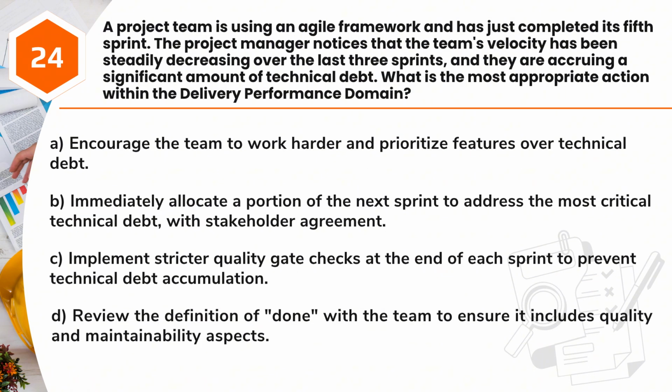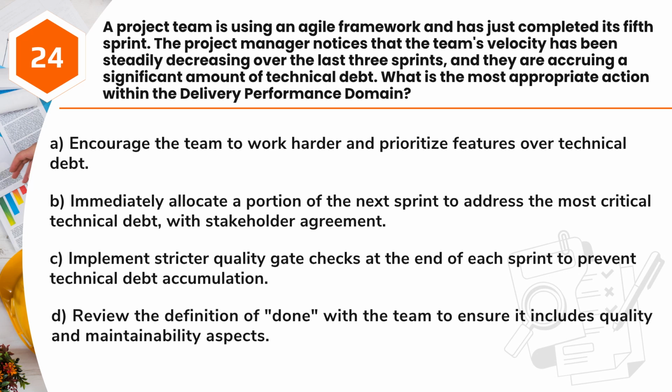Question 24. A project team is using an agile framework and has just completed its 5th sprint. The project manager notices that the team's velocity has been steadily decreasing over the last 3 sprints, and they are accruing a significant amount of technical debt. What is the most appropriate action within the delivery performance domain? A. Encourage the team to work harder and prioritize features over technical debt.